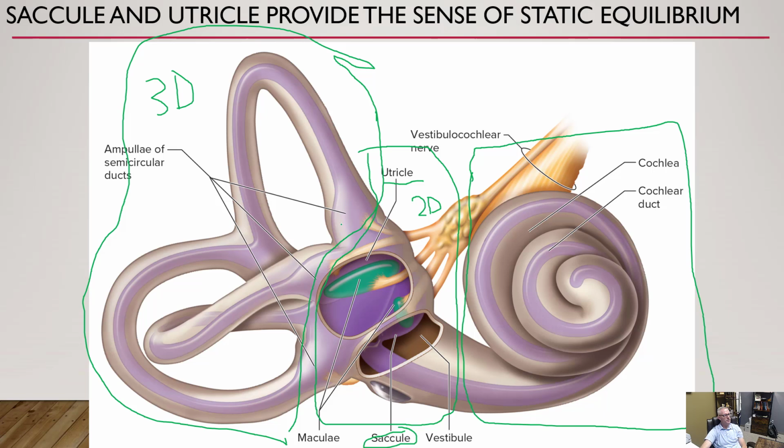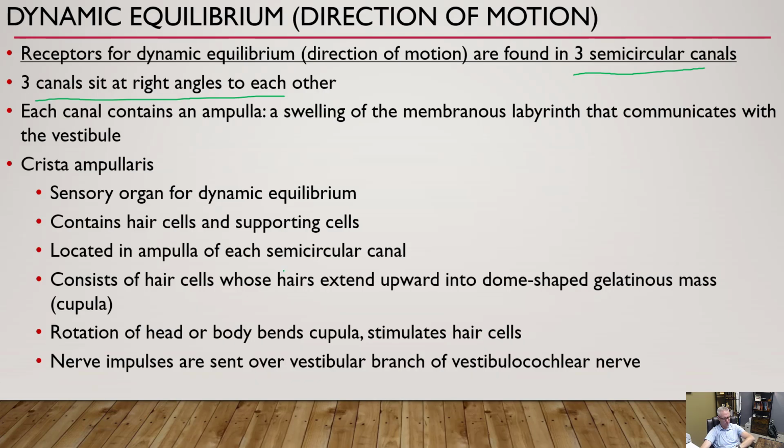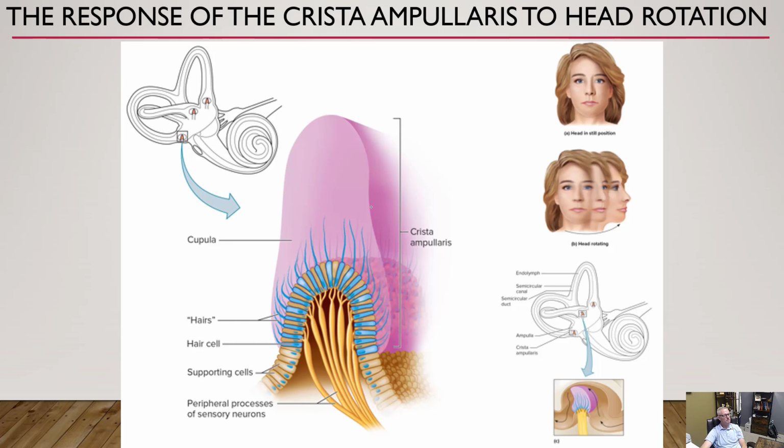So they all sit at right angles to each other. That's a right angle, that's a right angle, that's a right angle. All right, so your head is in motion. What's your body doing?